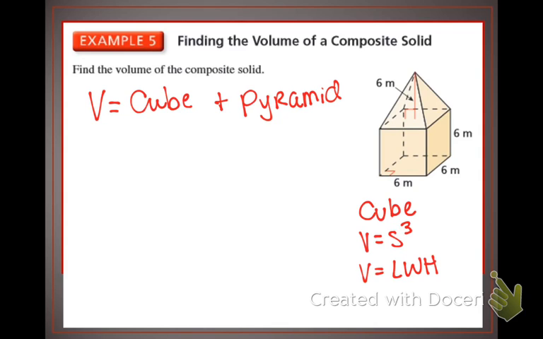All the sides are the same, right? 6 times 6 times 6 is the same thing as 6 cubed, because a cube is a prism. Prisms are the area of the bottom, 6 times 6, times the height of the prism, times 6. So either way, what is 6 cubed? 216.